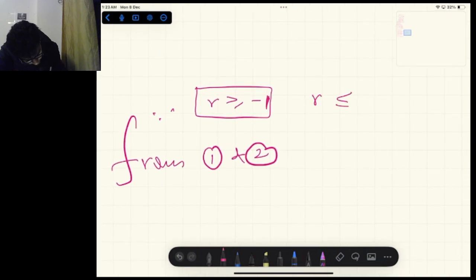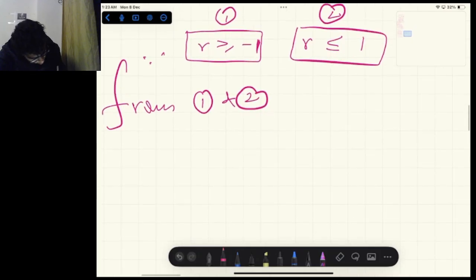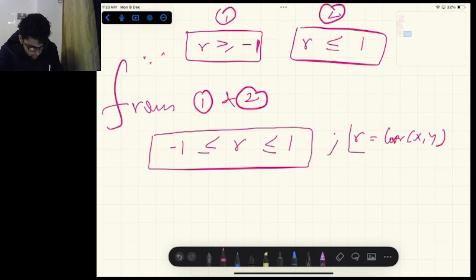And r is less than or equal to 1 was my 2. From 1 and 2 I can say that the correlation coefficient always lies between minus 1 and 1, where r is equal to the correlation coefficient between x and y.